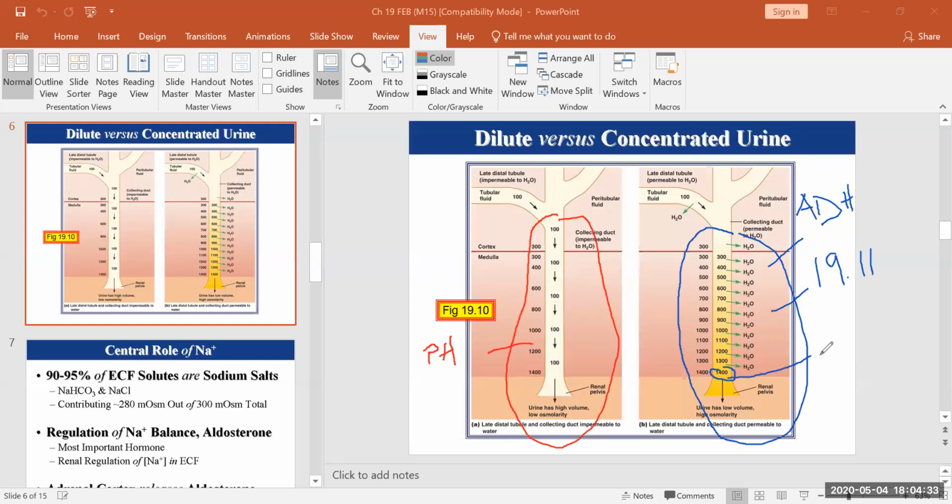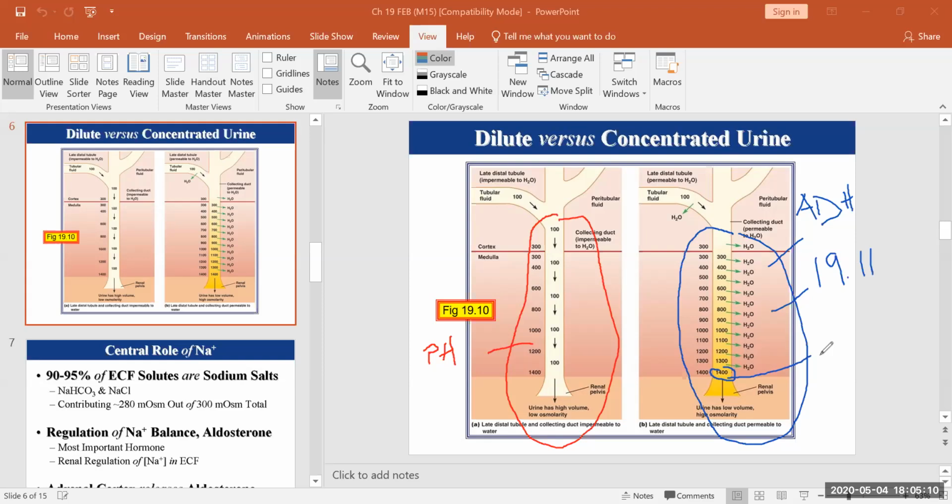Obligatory, O-B-L-I-G-A-T-O-R-Y, water loss. And it's slightly less than 500, half a liter per day. More specific, around 440 to 450 ml per day, that you cannot keep, you have to lose, because that water is the minimal amount of water, the least amount of volume required for you to basically excrete your waste, right?